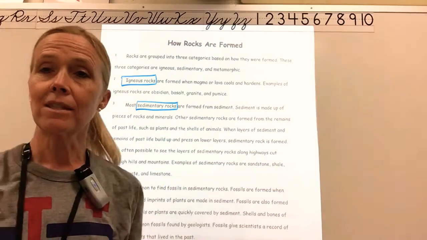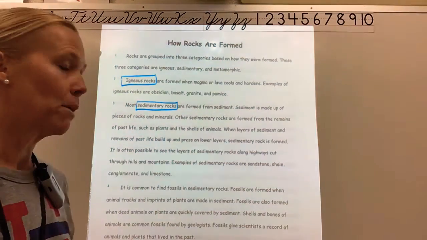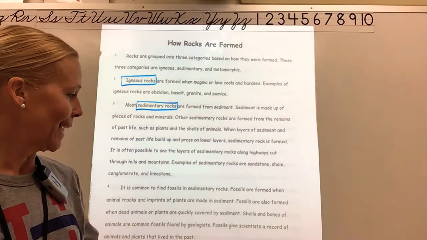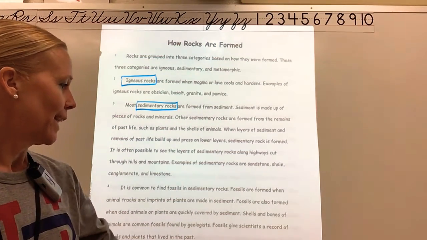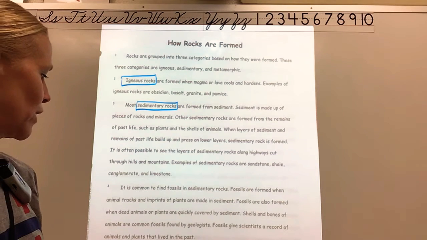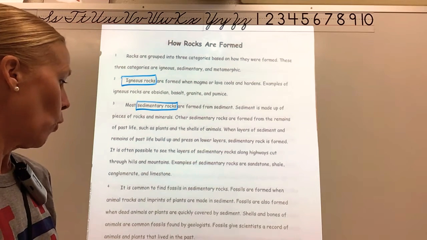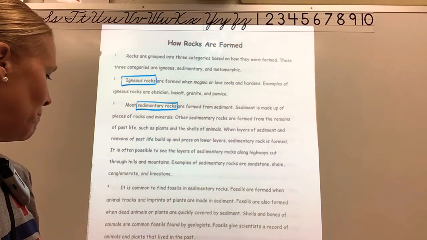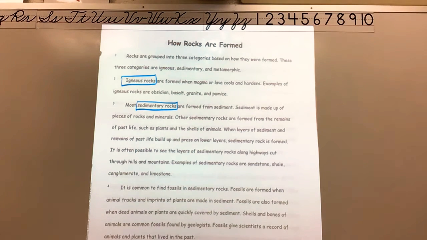And then our last type of rock, our third rock, are metamorphic rocks. It says metamorphic rocks are formed by heat and pressure. The heat and pressure deep in earth change igneous or sedimentary rock into metamorphic rock. Many metamorphic rocks seem to have bands or layers of color.